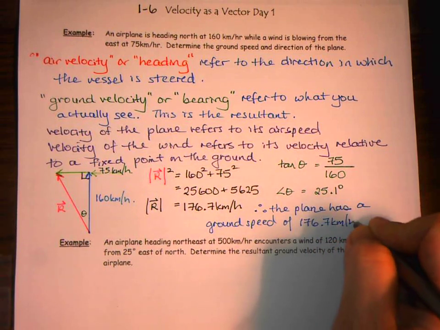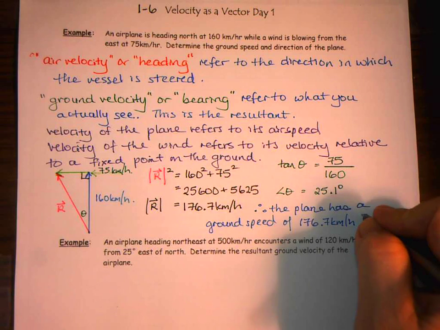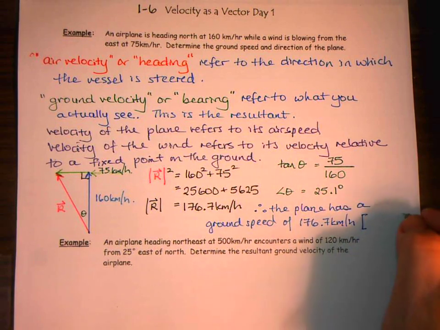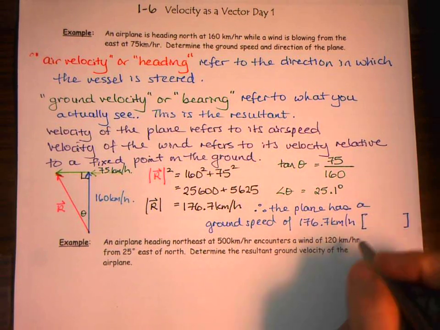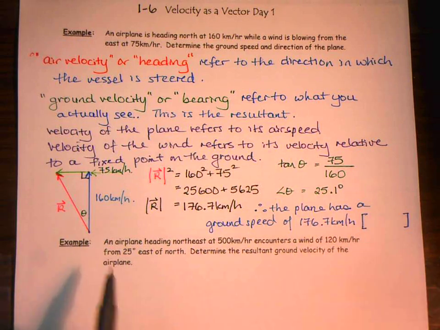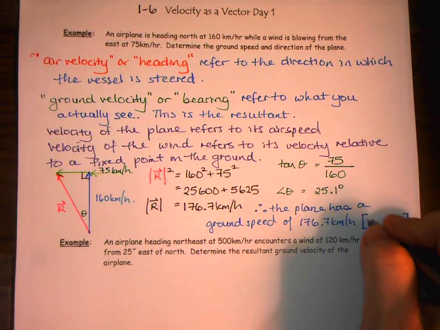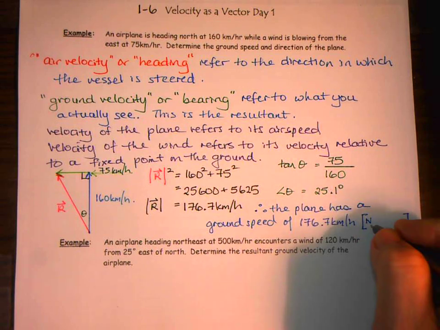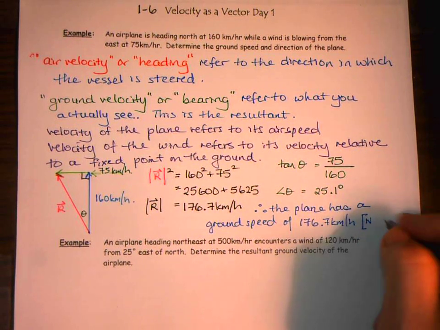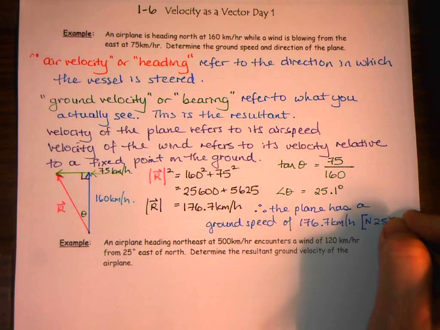And sometimes you'll see directions written in square brackets, or you could write it with a comma afterwards. And this direction is 25 degrees west of north. So remember, your first letter must be the north or the south, followed by 25 degrees west.